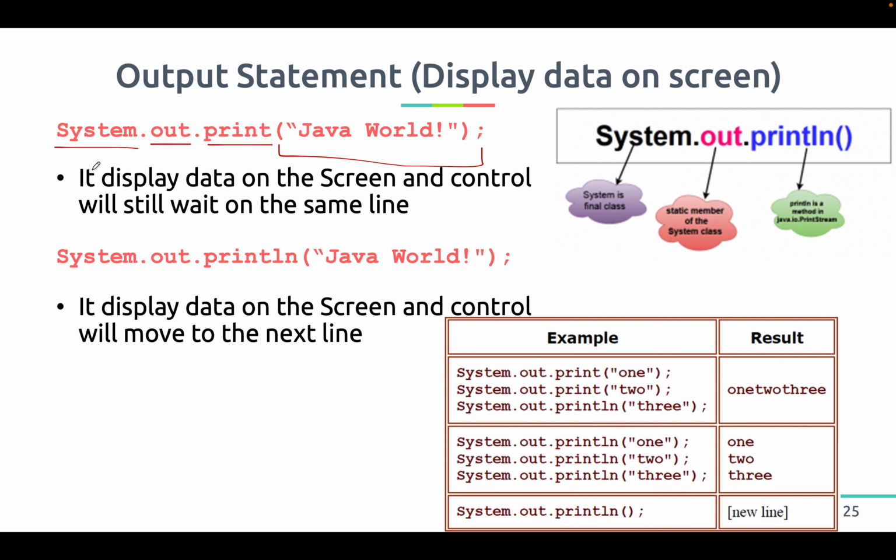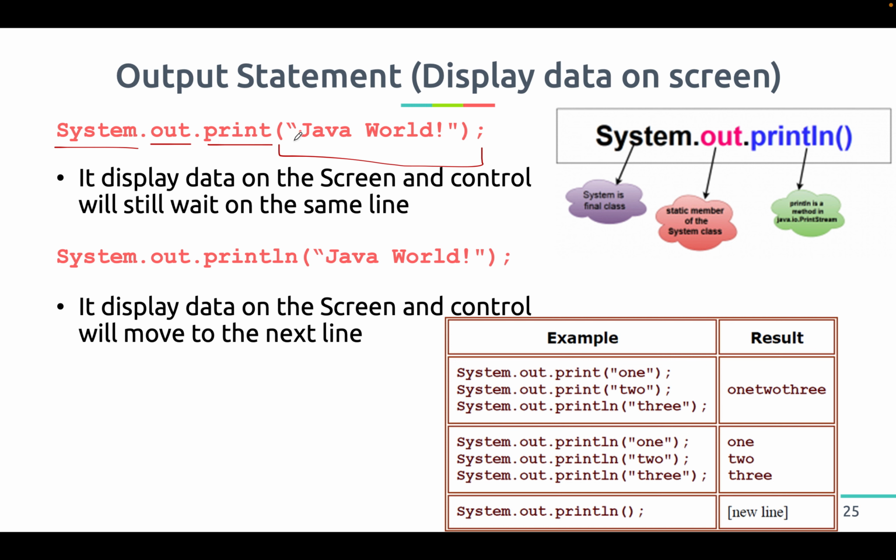It is a class in Java. We will look more into detail on what are classes and how we can use classes, but in simple terms, it is just a class. And within that class, we have a static member, which is called out because we want to output. And this output will be printed on the screen.